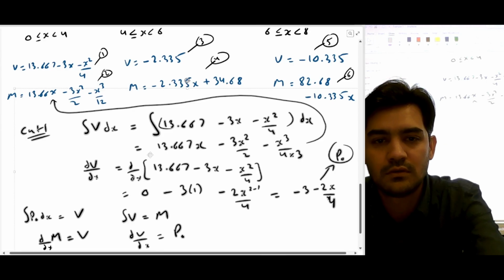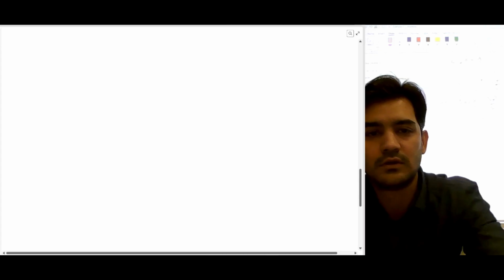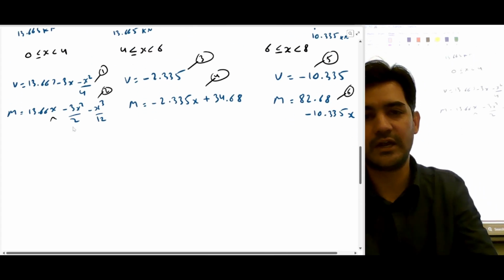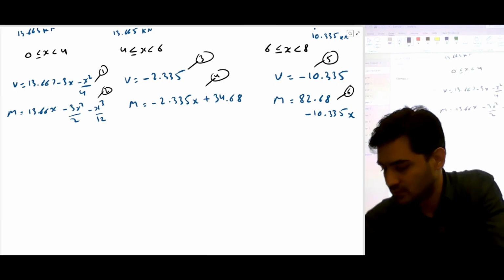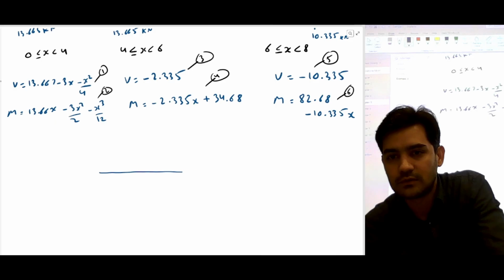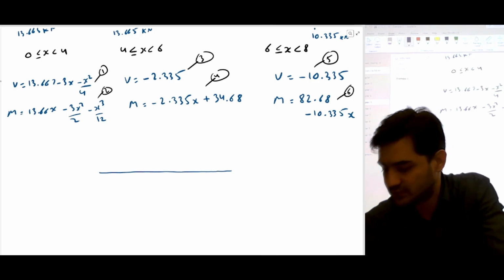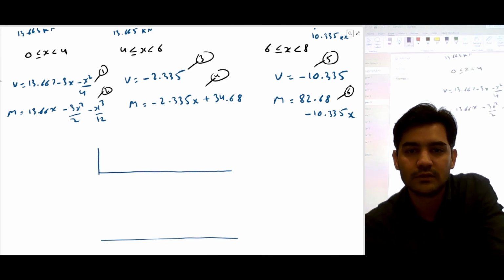So let's try to draw the shear force and bending moment diagrams from here. This is for shear force and this is for bending moment. This is shear force, this is bending moment.